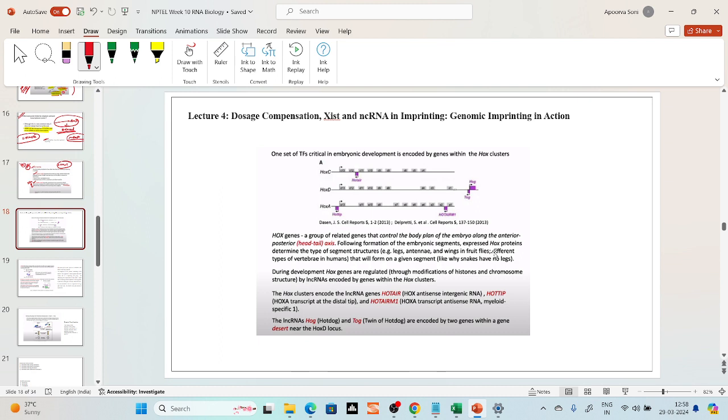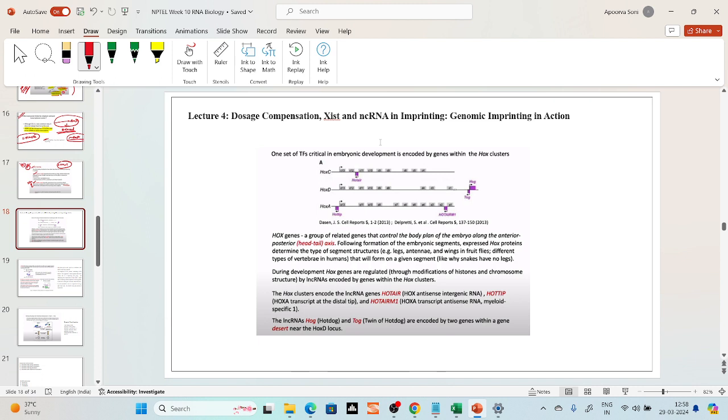Anyways, so now we talk about genomic imprinting, how long non-coding RNAs help in genomic imprinting. This is one of the examples.